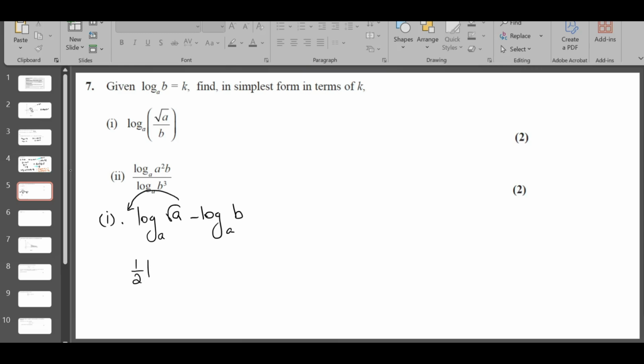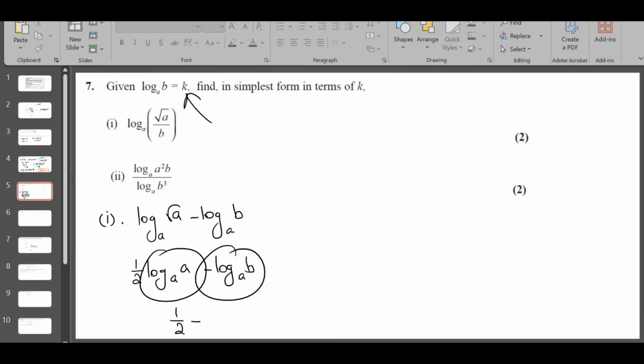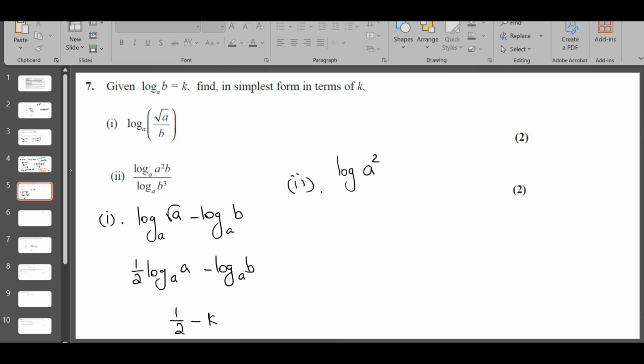So half, log a to the base a minus log b to the base a. Log a to the base a is basically 1, so just half. This is what is given as k. So half minus k is that. Now part II. Log a square b, you can write as log a square plus log b because they are in multiplication, divided by log b cube, we can write it as 3 log b.